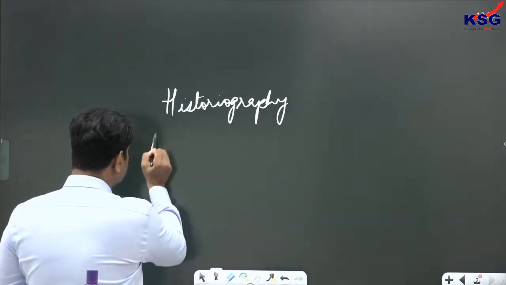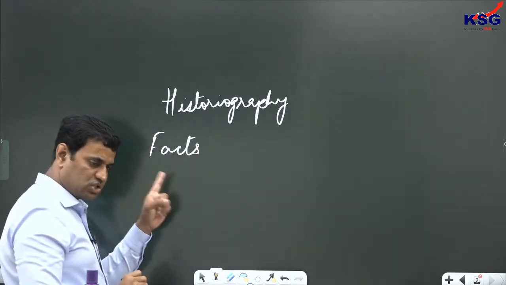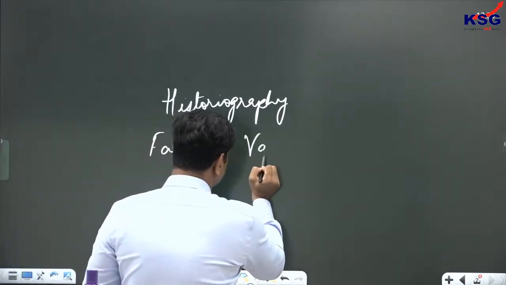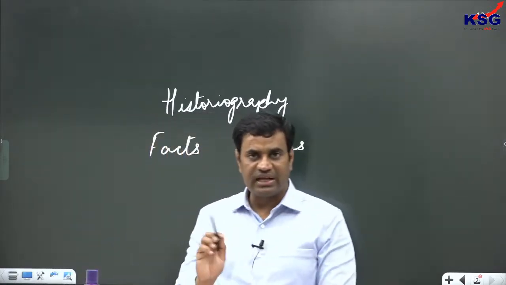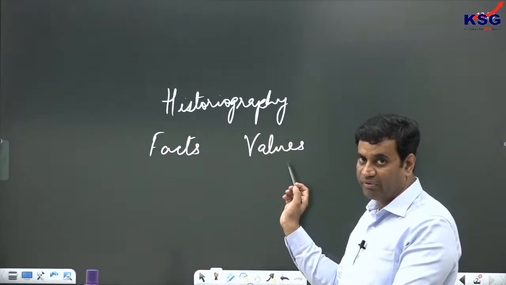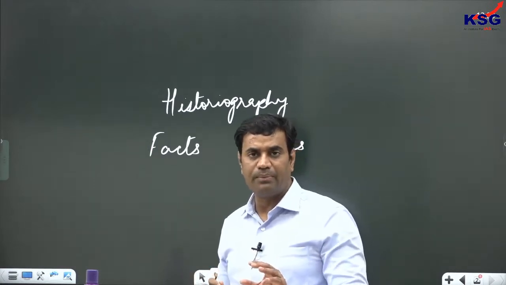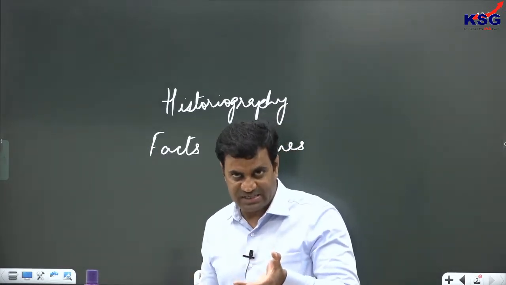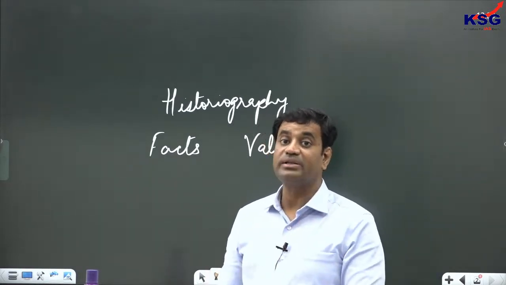First, historical facts, and second, historical values, clear. History cannot be completely factual, and it cannot be totally value based, clear. If it is completely factual, it won't be able to convey any implied message, and if it is only value based, it will be a work of fiction, not history, clear.